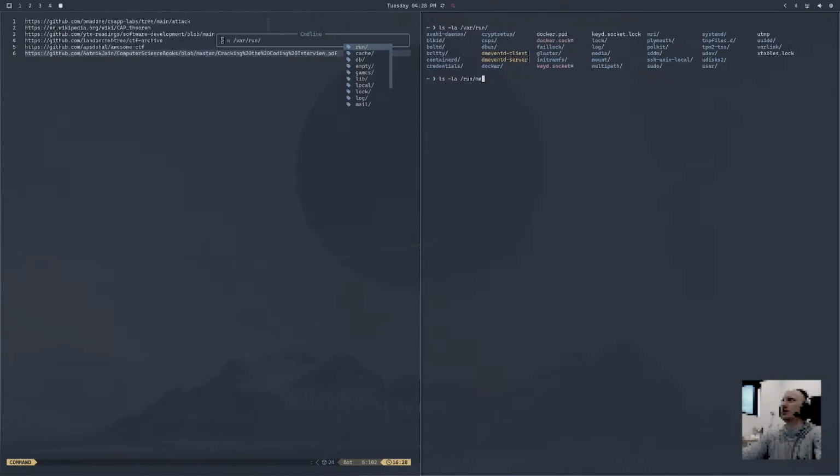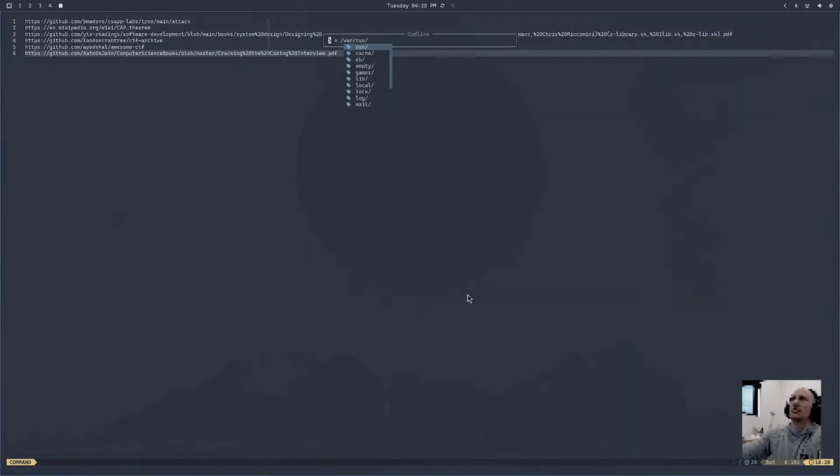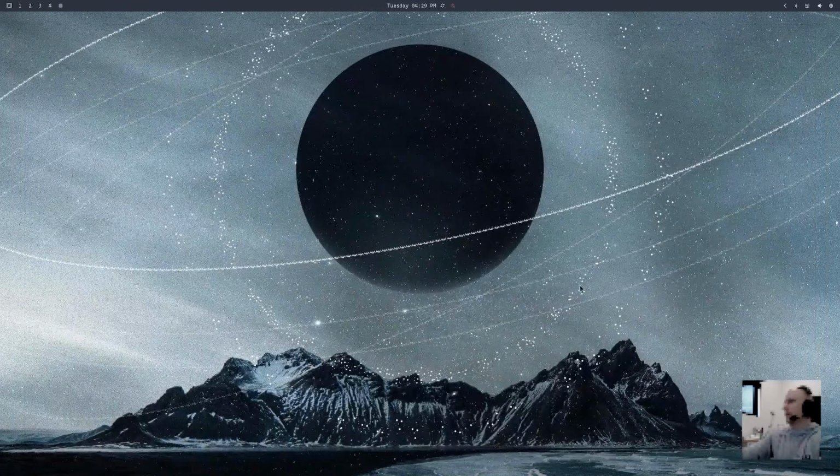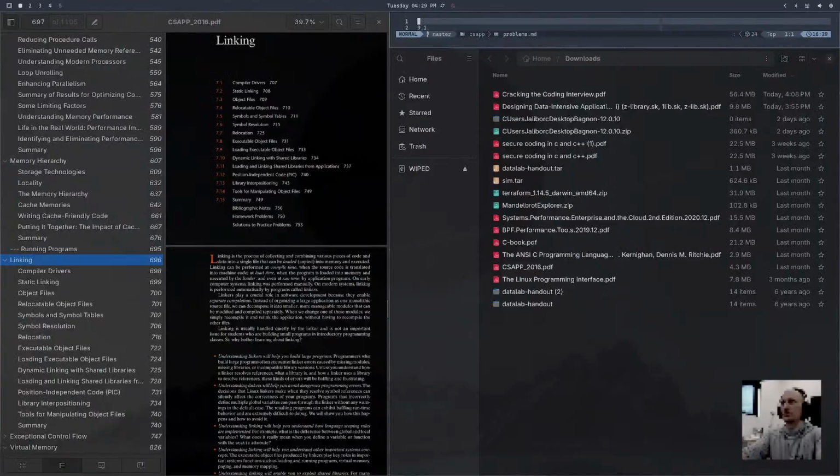Run media. There it is. Okay. So I want to write it to run media C0 wiped, and then links.txt. All right. I'll get that loaded up here.